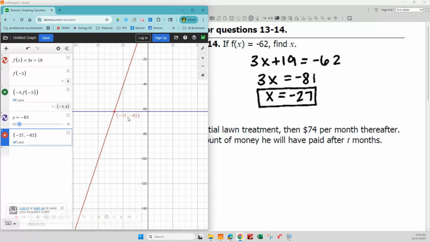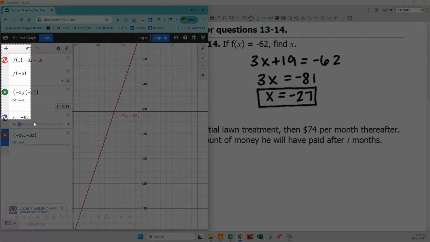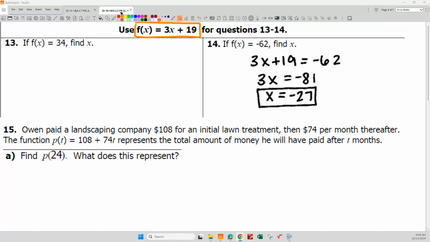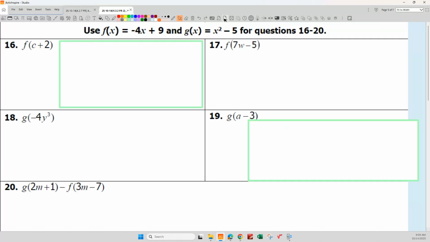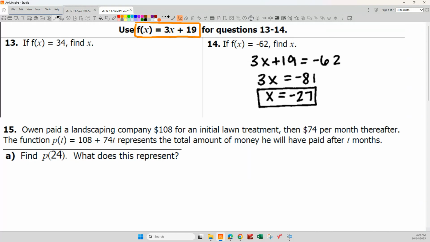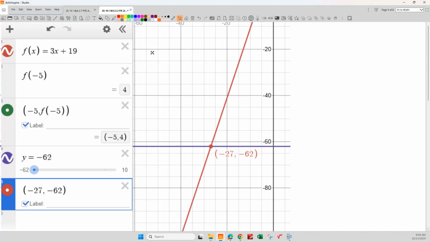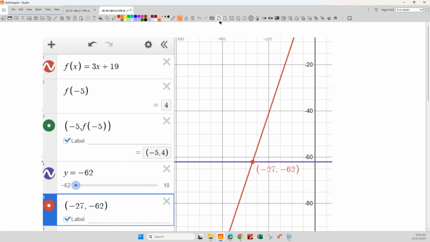So this is a really good use of Desmos. Let me take a picture of that for our notes. You can refer back to this. There it is for your notes.